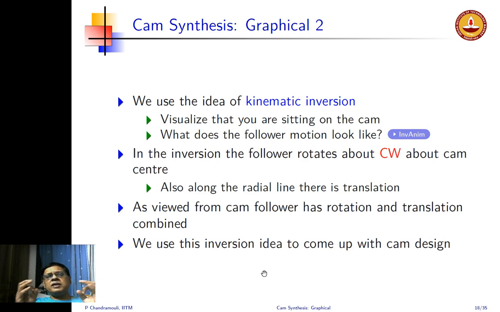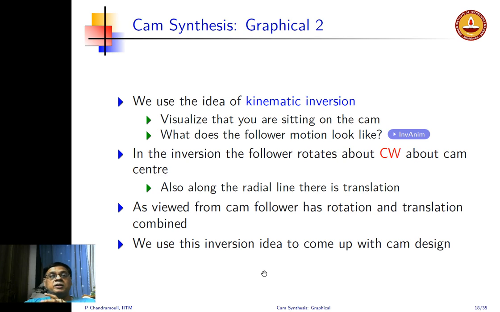The key idea, as you have seen right through when we were doing path generation and motion generation, is that in synthesis the key theme that repeats is the idea of kinematic inversion. There too, we used the idea of kinematic inversion extensively in order to design the four bars for various features.